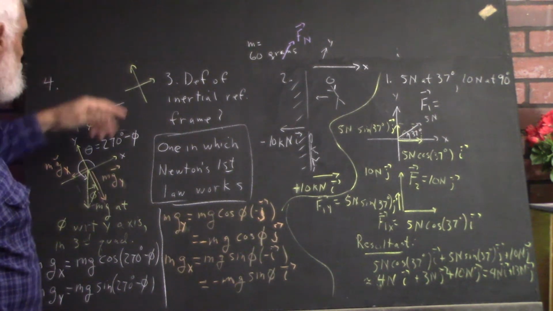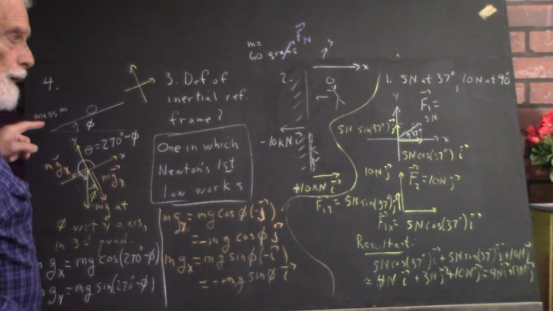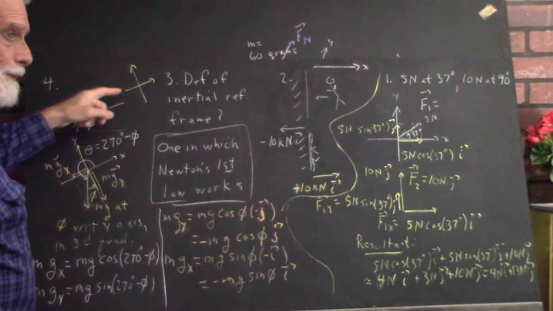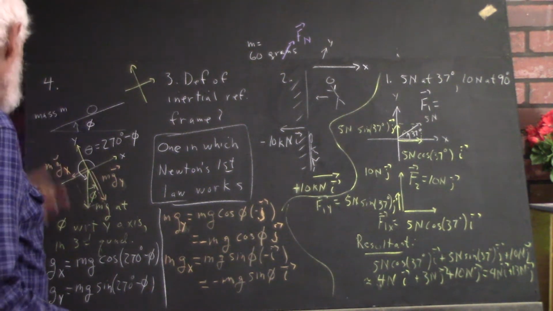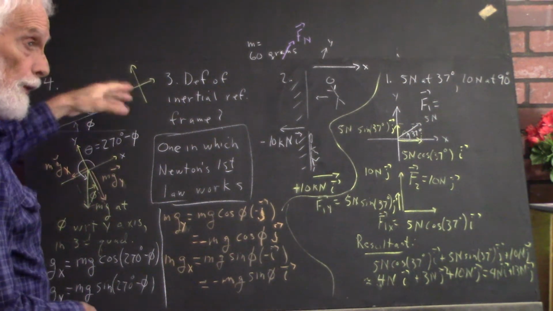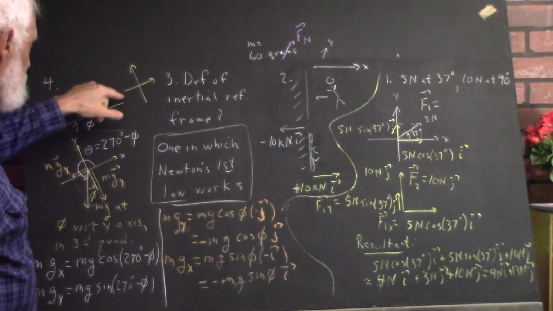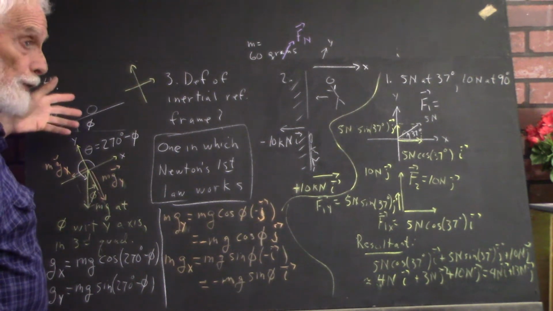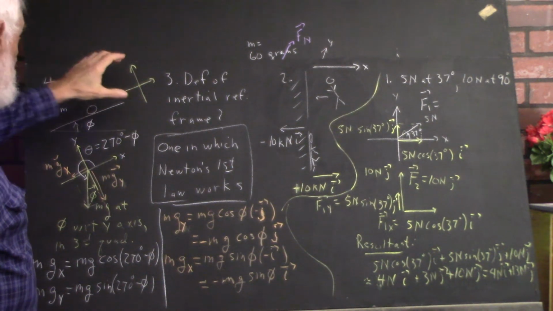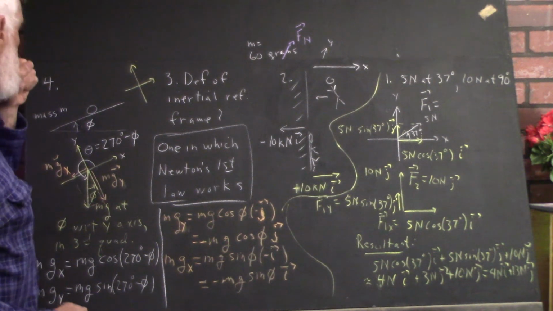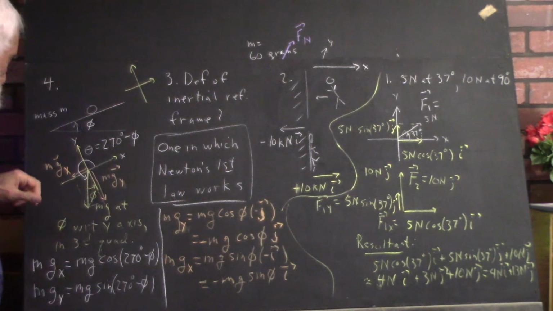You want to use a reference frame where whatever thing you're most interested in is in the x direction, generally, or the y direction, along one of the coordinate axes. And since everything is happening parallel to this plane, as far as motion and so forth, we want to use the tilted reference frame.